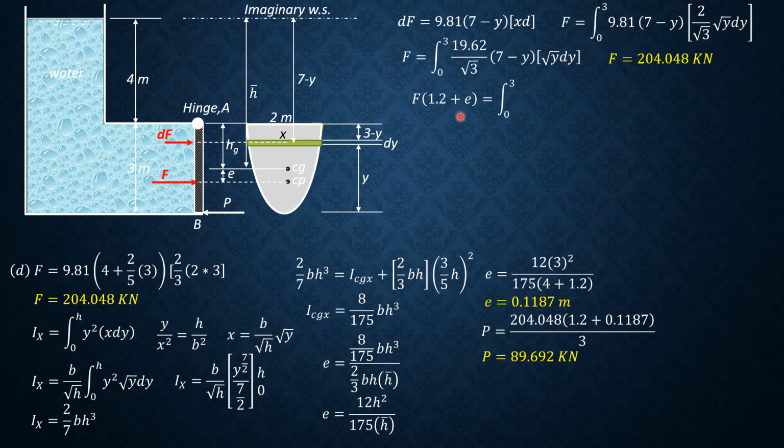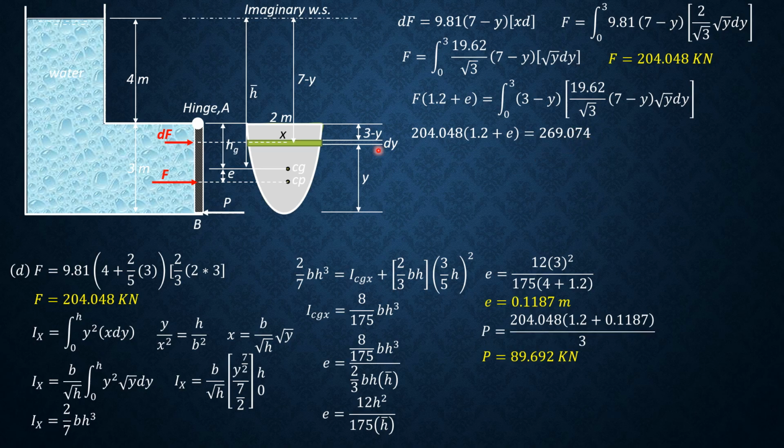This is the moment arm of dF, 3 minus y, and this is dF. Let's copy 19.62 over square root of 3, 7 minus y, times square root of y dy. Using your calculator again, and substituting the value of F, 204.048 times 1.2 plus e is 269.074.